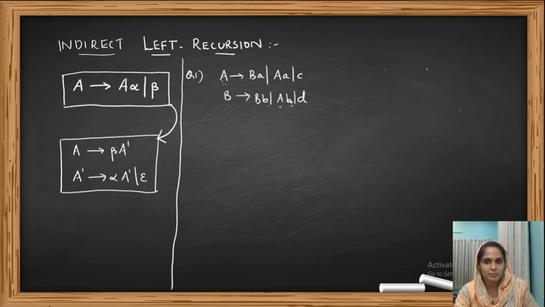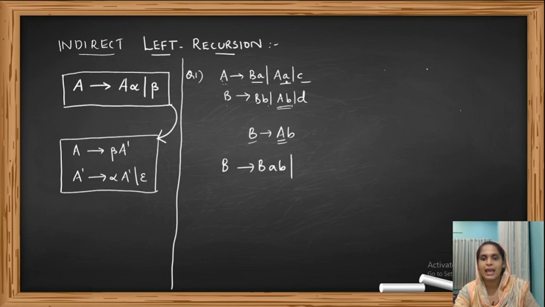Similarly, we already know the second production is left recursive because of the first term. But have a look at the second term, B produces AB. At first, we think it is not left recursive because the LHS is capital B and the RHS starts with capital A. But in the second step, when we substitute the value of A with these three values, instead of A we can write BA, so it becomes BAB.